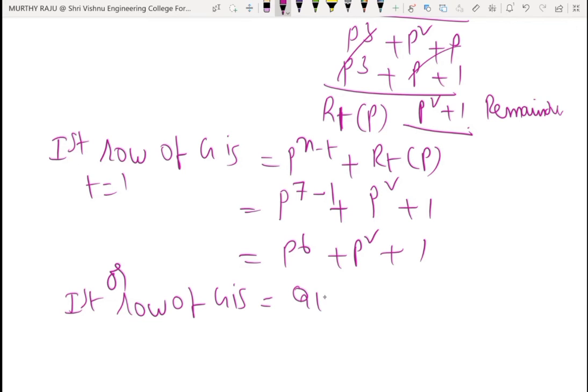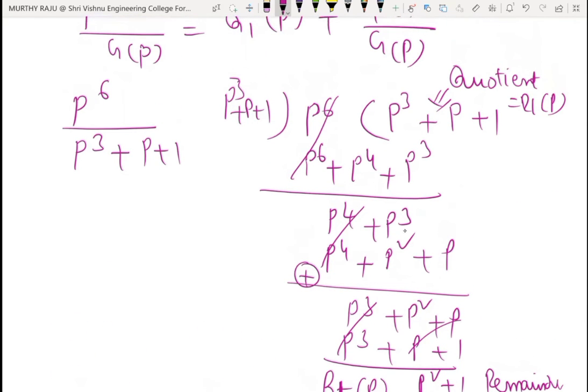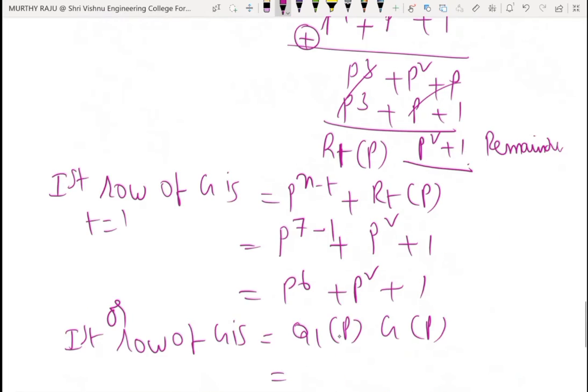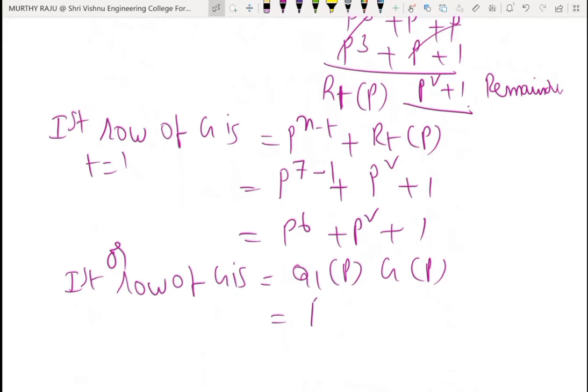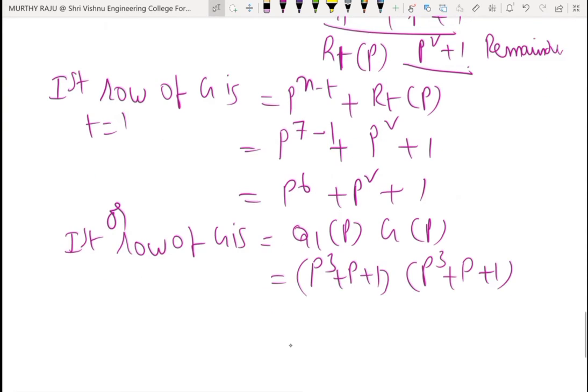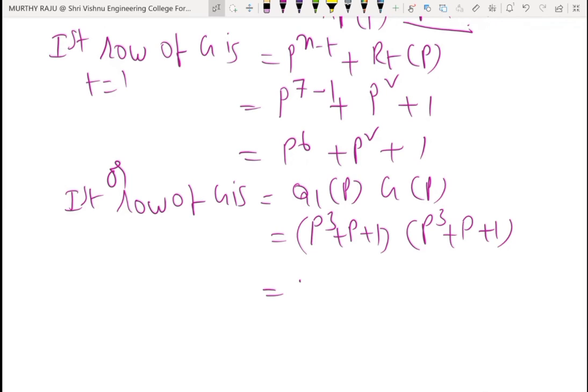With T equal to 1, there is also Q1 of P into G of P. Q1 of P is the quotient, P square plus P plus 1, and G of P is P cube plus P plus 1. Multiply these terms. P cube into P cube is P power 6, P cube into P is P power 4, plus P cube.